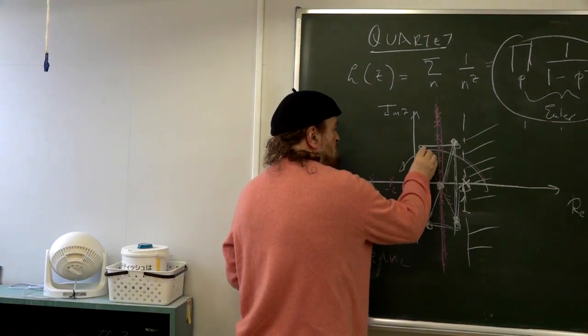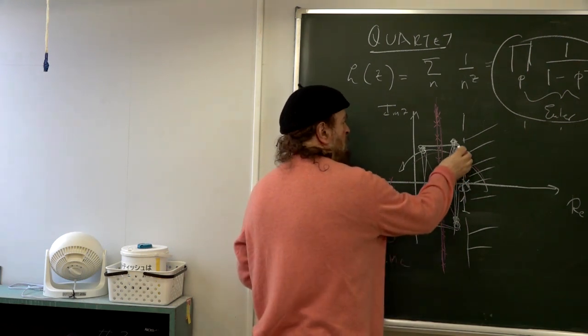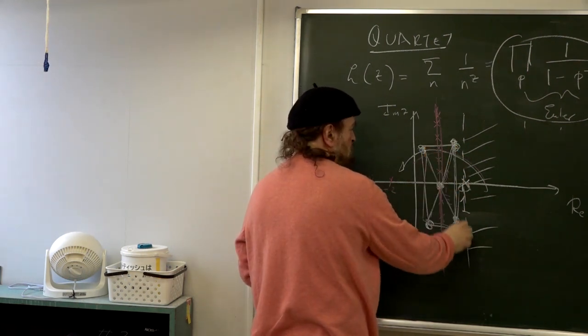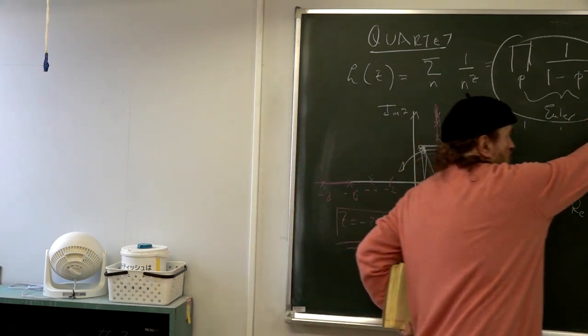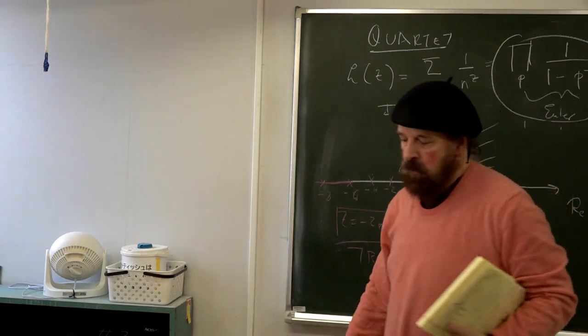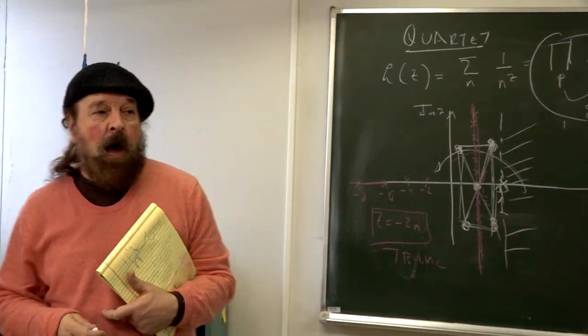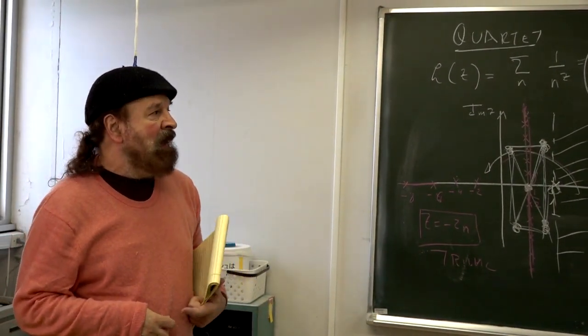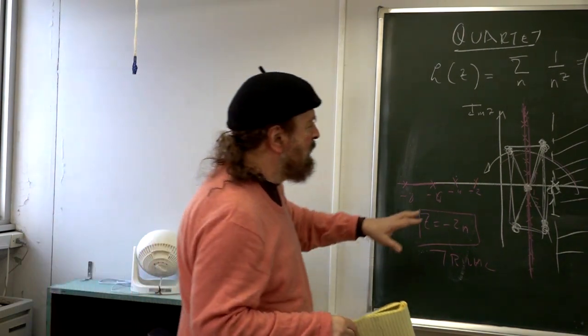This and this are complex conjugates, this and these are complex conjugates of each other, and they are reflections of each other in this formula.